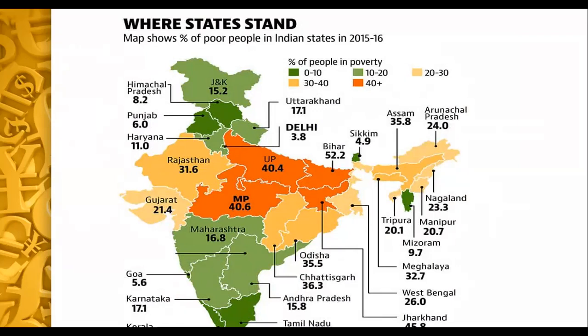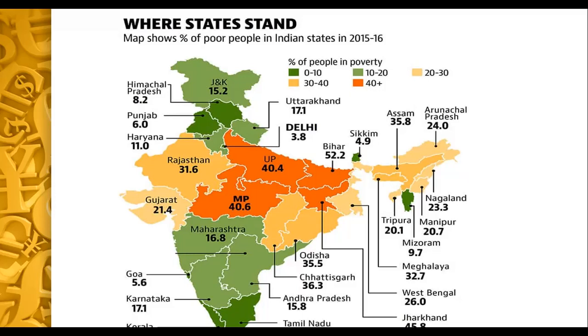Recent estimates show that while the all India HCR was 21.9% in 2011-12, states like Madhya Pradesh, Assam, Uttar Pradesh, Bihar, and Orissa all have above all India poverty level.